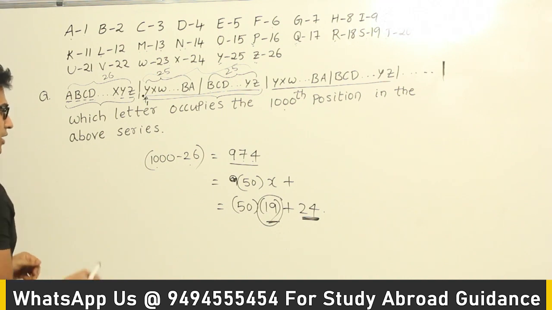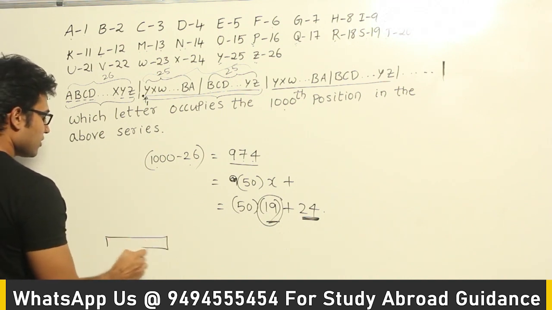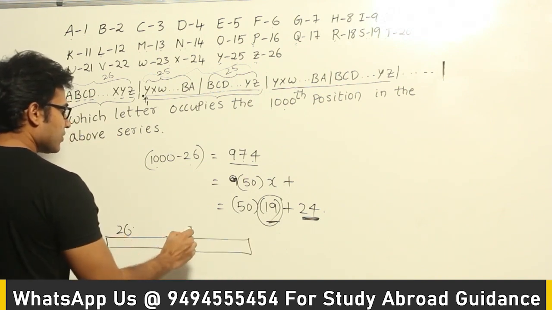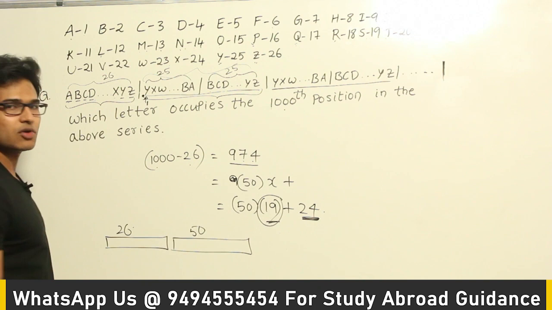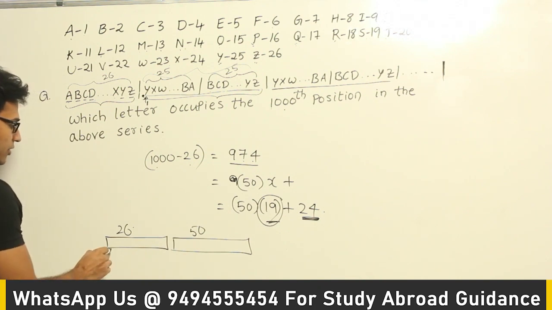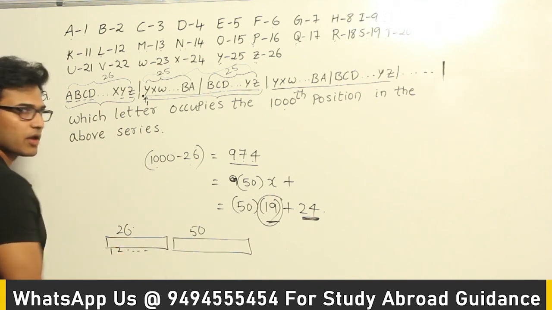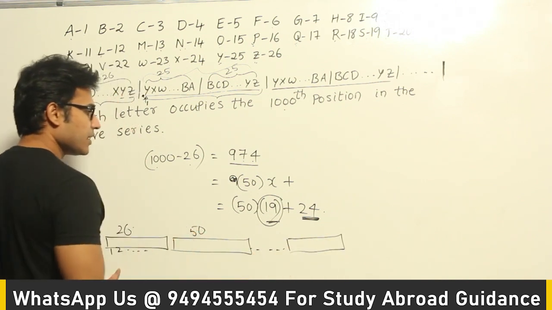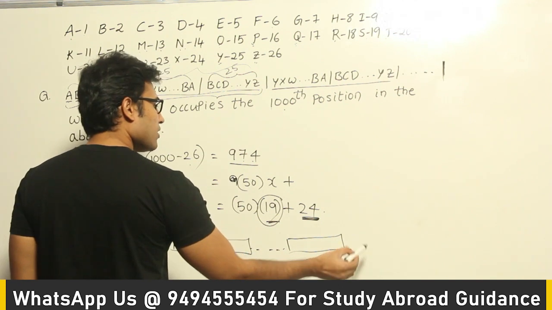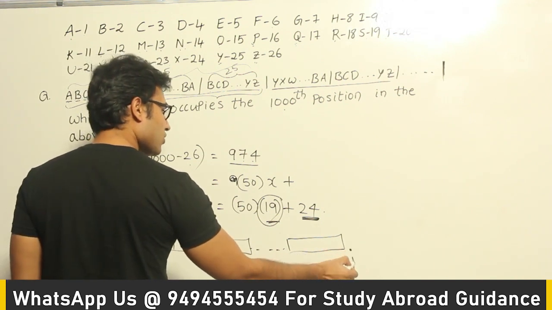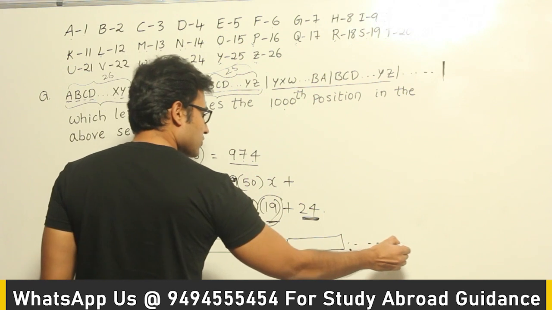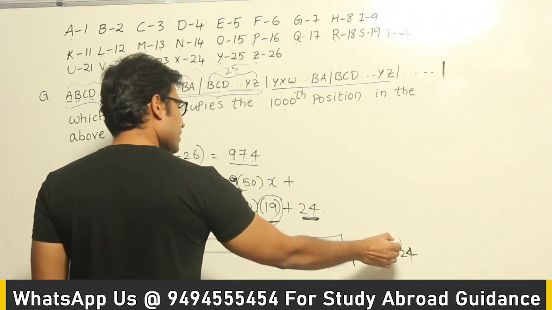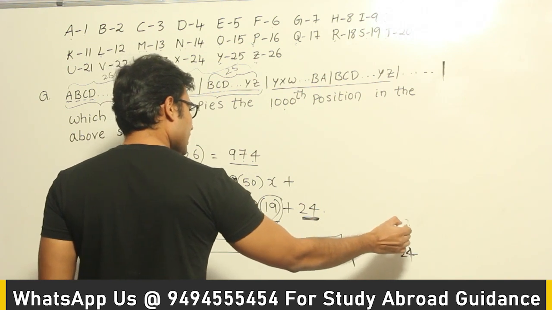Are you getting this? So what I mean to say is, initially there are 26 characters, A to Z, and after that there is a sequence of 50 characters which are going to repeat over and over again. Now if I start counting from here, 1 2 3 and so on, by having these blocks of 50s, by the end of it, wherever this 24th character is, that is actually the 1000th letter from the beginning.